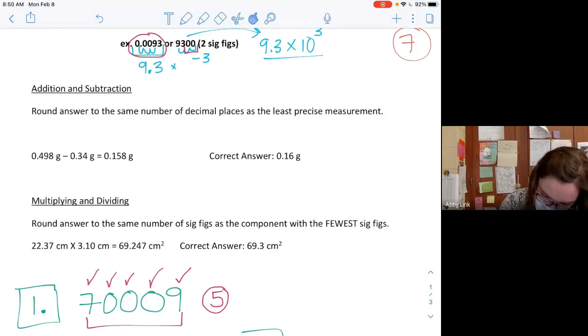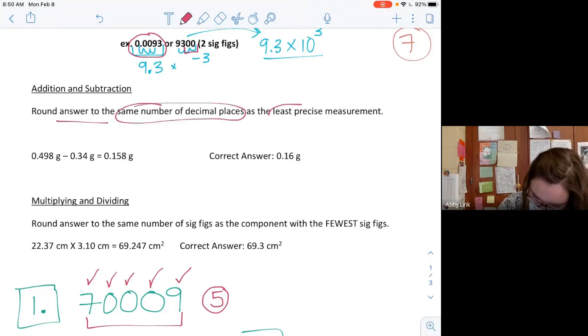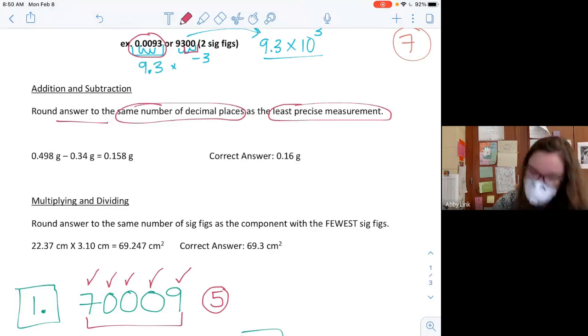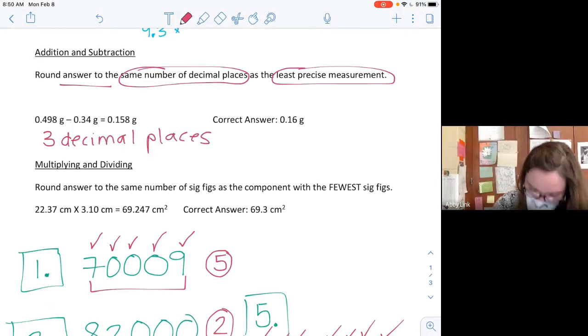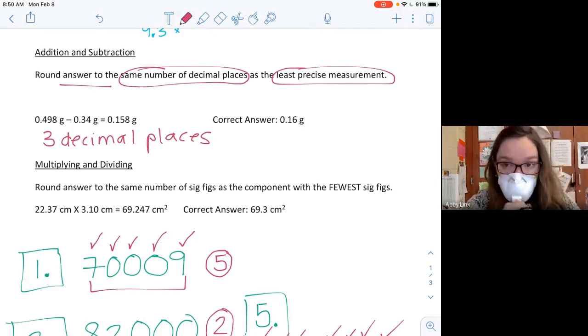So when you have an addition or subtraction problem, you're going to round your final answer to the same number of decimal places as the least precise measurement. Let's break this down further with our example. In this first number, 0.498, I see 3 decimal places. Notice how I haven't said a word about significant figures here.